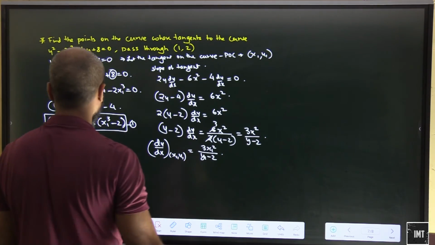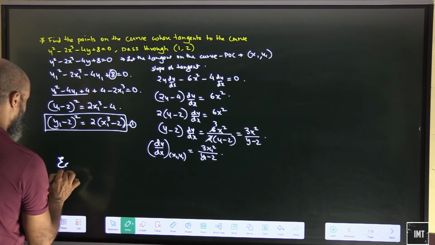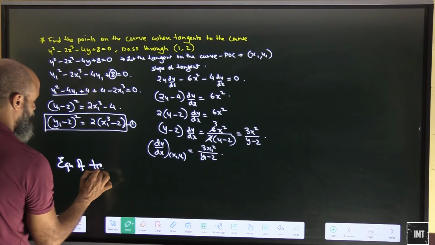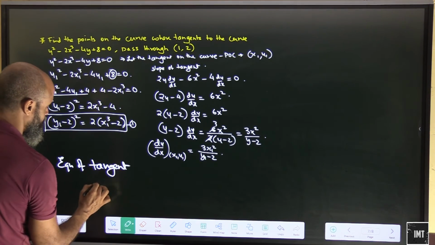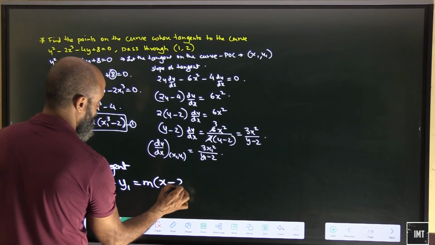So what will be the equation of the tangent? Therefore, the equation of tangent can be written as y minus y1 is equal to m into x minus x1.